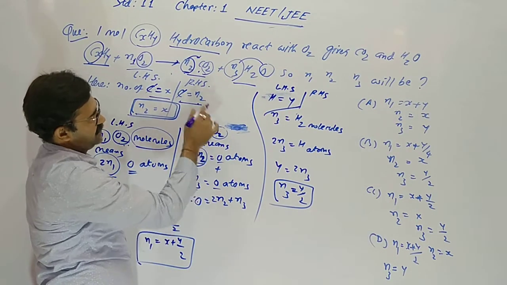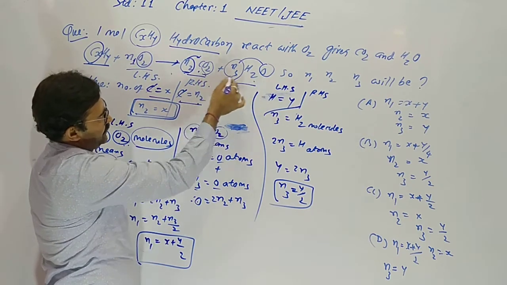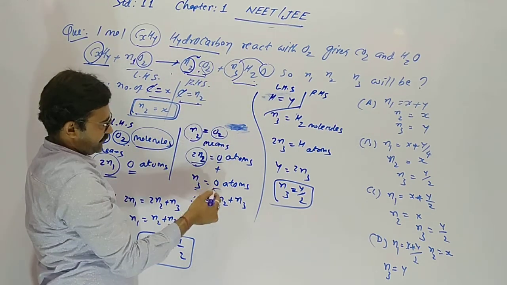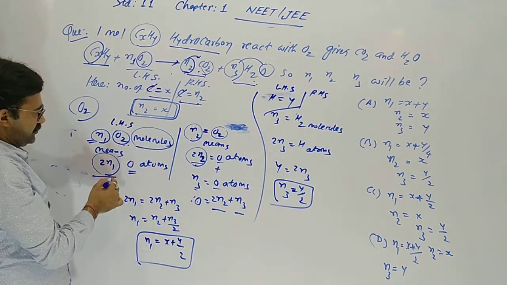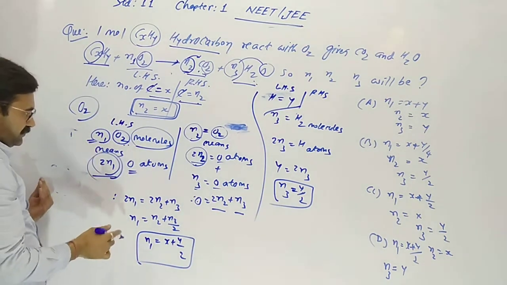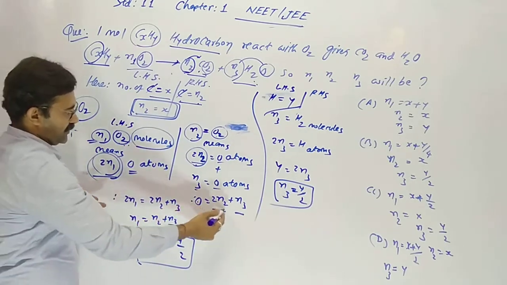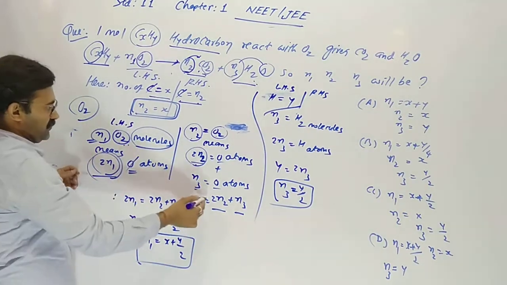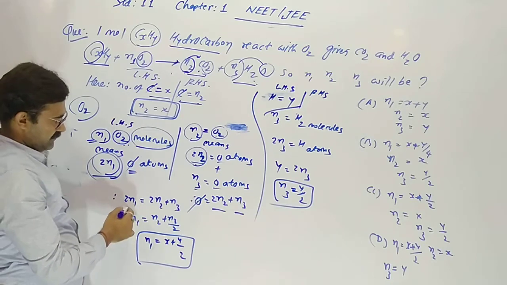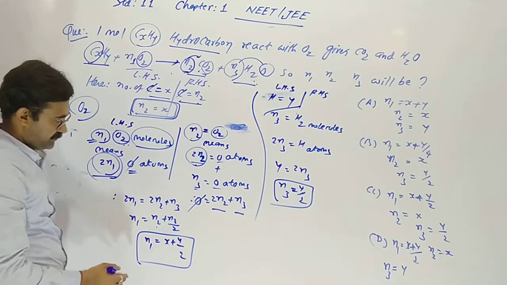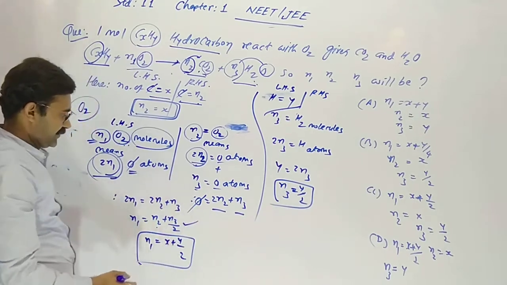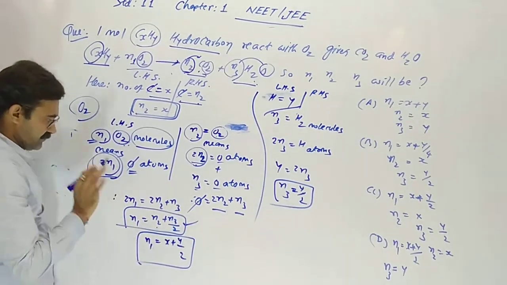So total oxygen on the right hand side is 2N2 plus N3. Oxygen atoms on the left are 2N1. So 2N1 equals 2N2 plus N3. When we divide by 2, N1 equals N2 plus N3 by 2. Clear? This value gives N1.